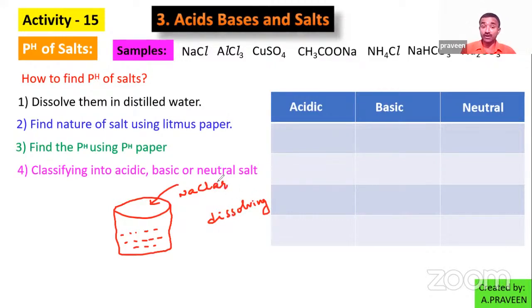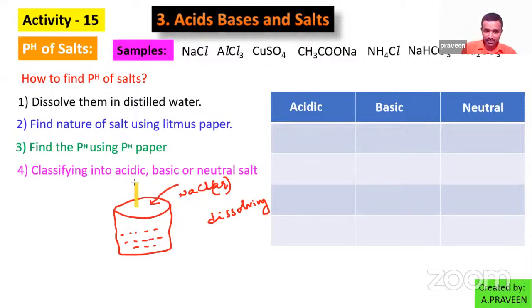Aqueous solution of NaCl prepared. Then what to do? Use the indicator. What indicator? Blue litmus paper, red litmus paper. Then find the nature. So what is the effect on the litmus papers given by this NaCl solution? No effect. That means the blue litmus paper or red litmus paper remains in the same color.